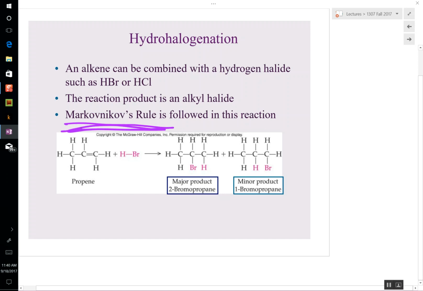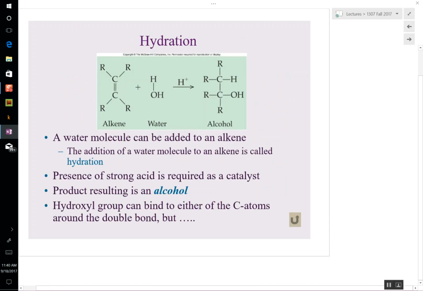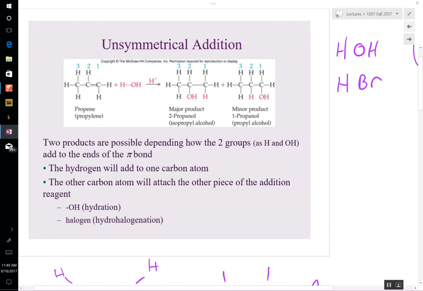Now, keep in mind, most of you, probably every one of you, have a bottle of isopropyl alcohol at home. And you can see how easy it is to make. It is the major product of the hydration of propene. You're going to get gobs of isopropyl alcohol and only a little bit of 1-propanol.